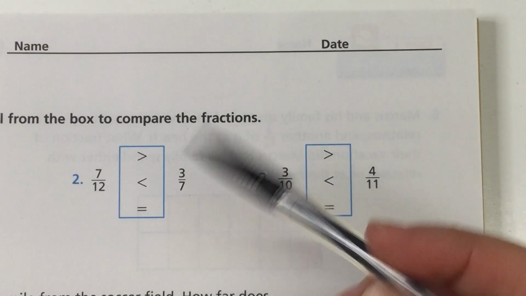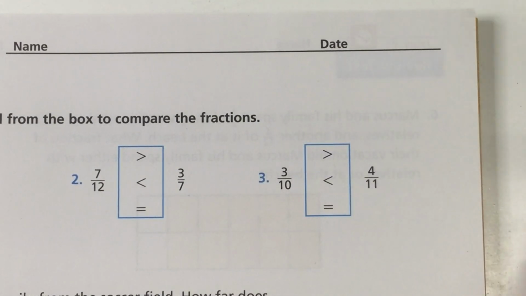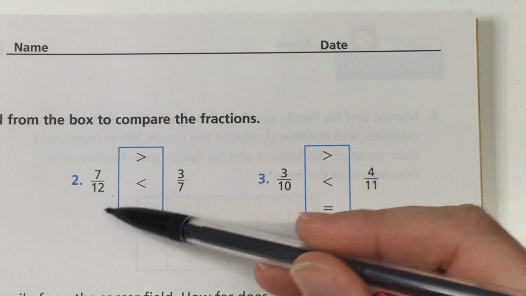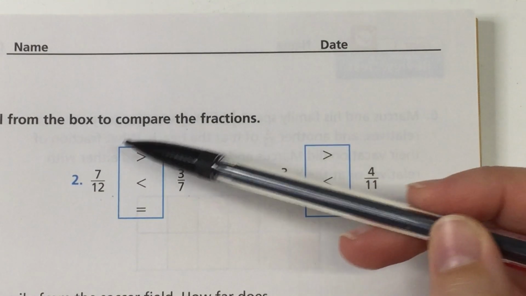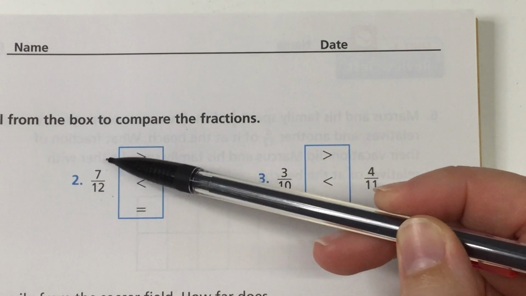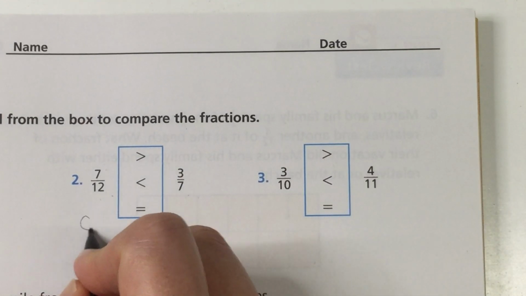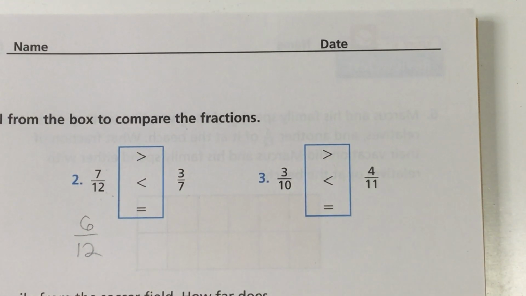Okay. 7/12 and 3/7. Another strategy we've talked about when comparing fractions is to think about, are they close to 0, are they close to 1/2, or are they close to 1 whole? Both of these seem very close to 1/2 to me. 7/12 is slightly larger than 1/2 because I know that 6/12 would be 1/2.